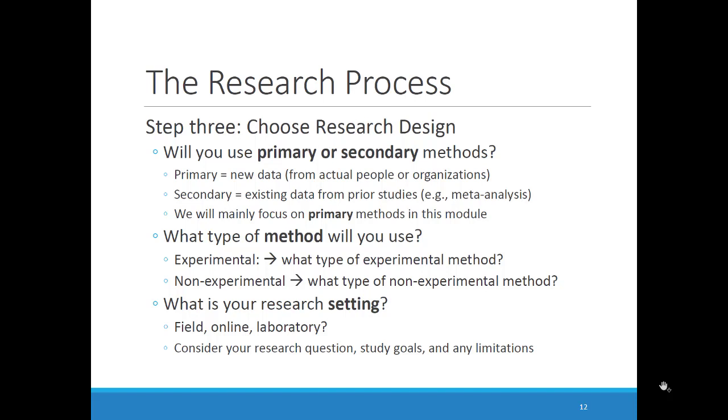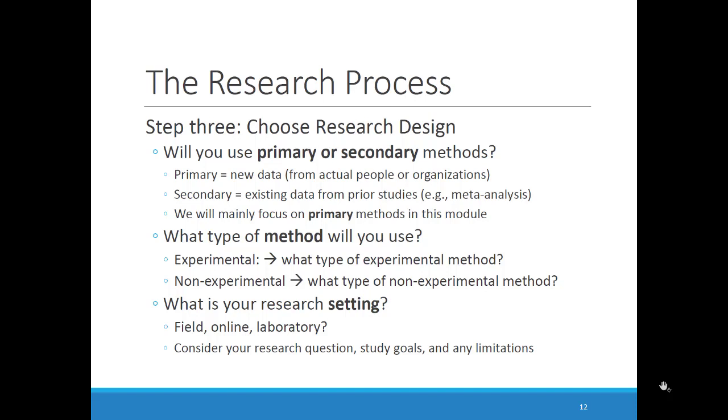So an example of a secondary method is called meta-analysis. Meta-analysis is when you take a bunch of studies that have already been conducted. So, for example, if my co-authors and I realized that there were already a whole bunch of studies done on workability, maybe we wouldn't conduct a primary study like we did.